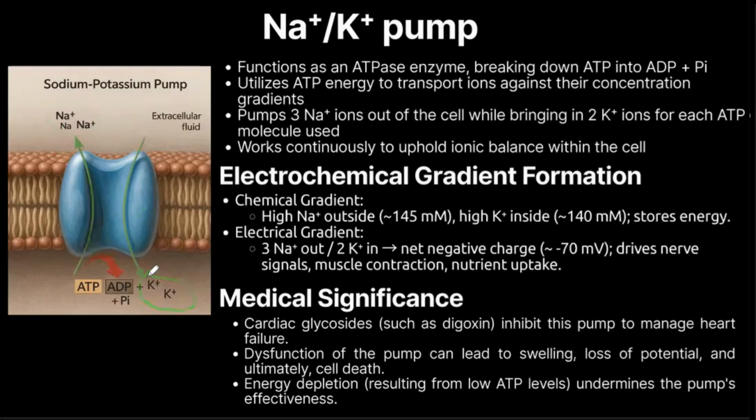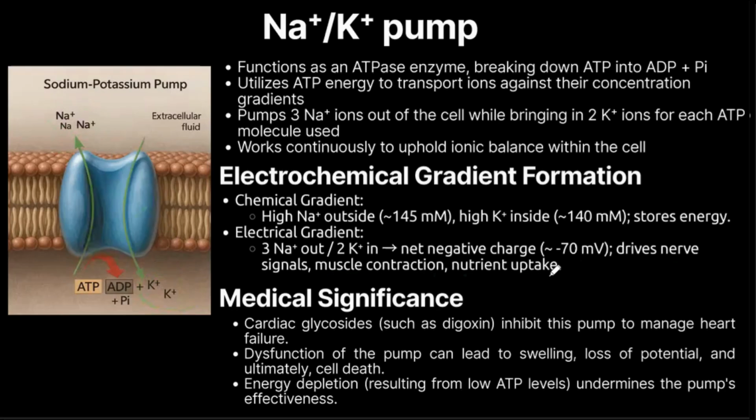So there's a net negative charge inside, or negative 70 mV. Now, you don't need to know per se the exact voltage, but you should recognize that this behavior is really important for driving nerve signals, muscle contraction, and nutrient uptake.